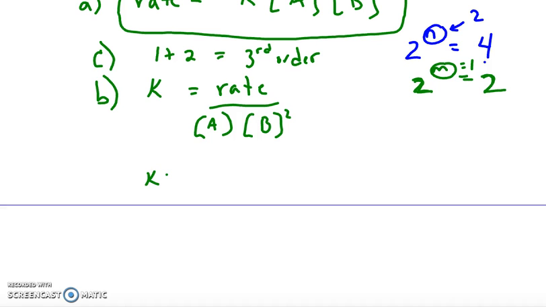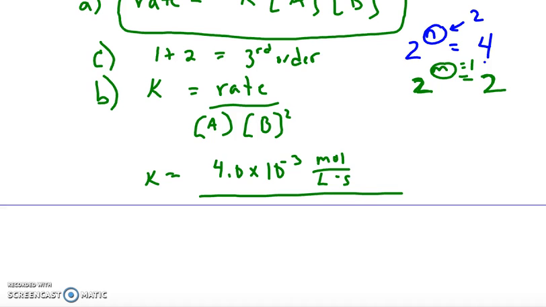So if we do that, k is going to be equal to 4.0 times 10 to the negative 3. The unit on that is moles per liter per second. And then we are going to divide that by the concentration of A, 0.050 moles per liter. That's to the first power, of course, we don't have to write that.